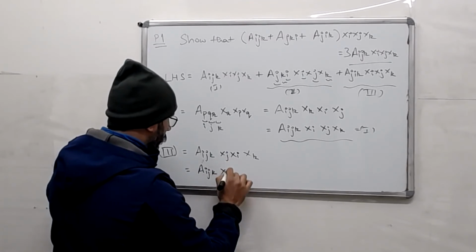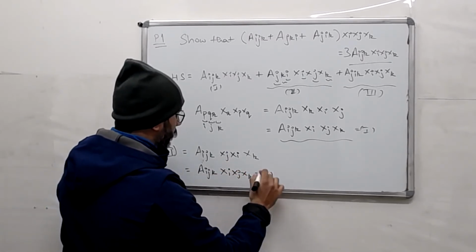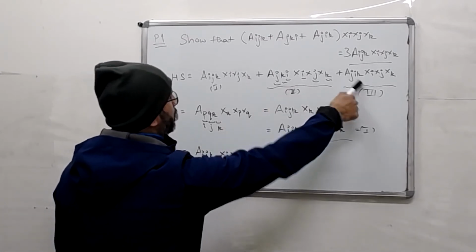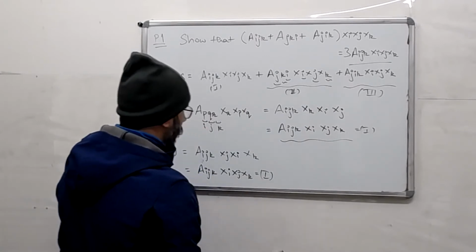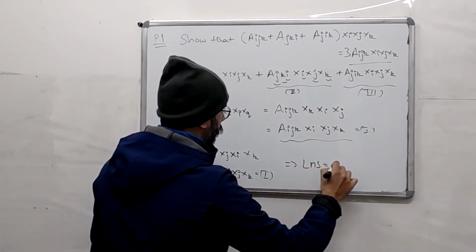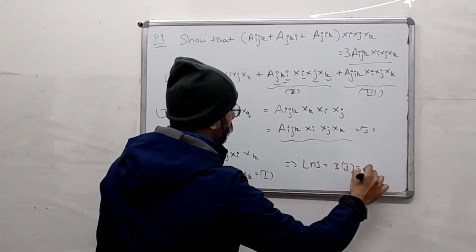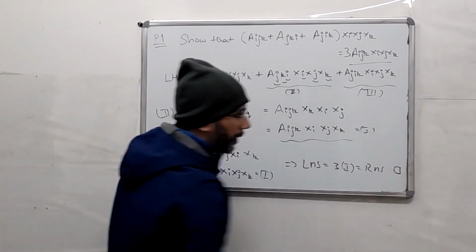And then I can move around xi, xj, and xk, which is the same as 1. So both of these are equal to 1. So this becomes thrice of 1, which is the right hand side. So this implies that LHS is thrice of 1, which is equal to RHS. Done.